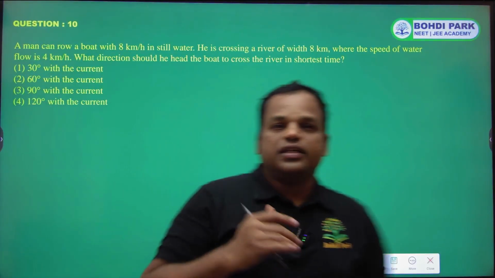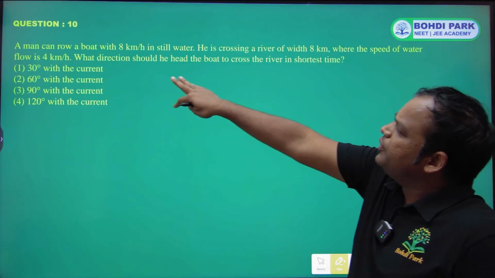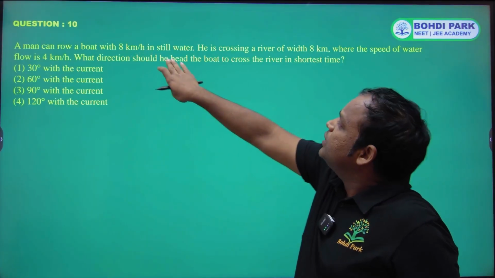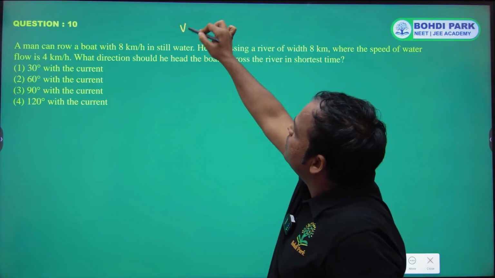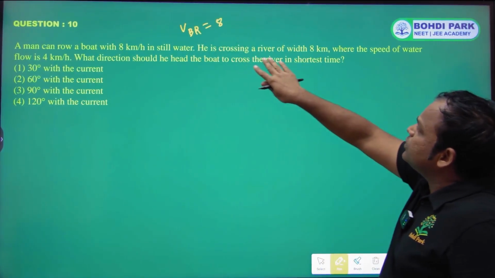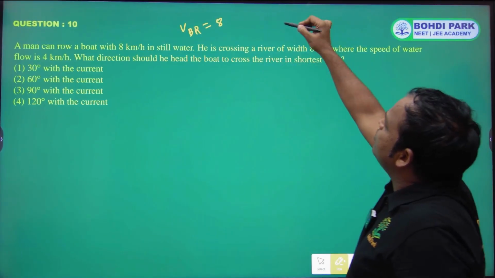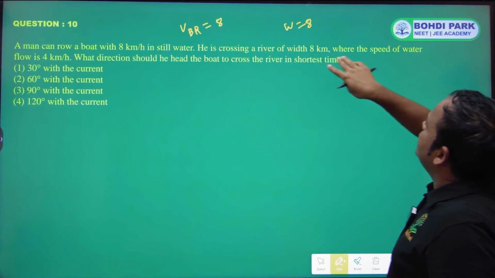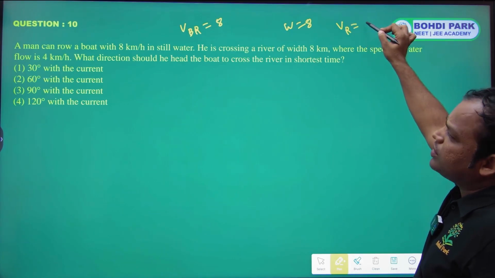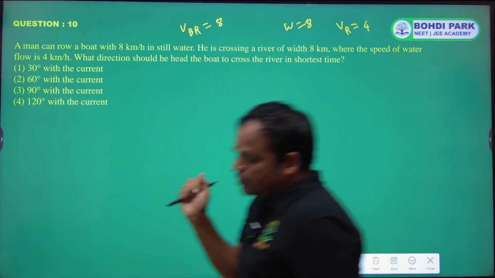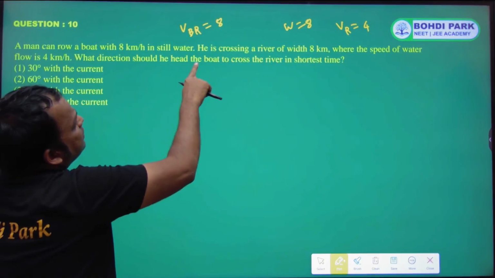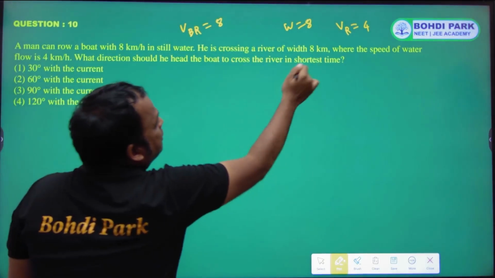Now look at this 10th question. A man can row a boat with 8 km/h in still water. So VBR is 8. He is crossing river of width W equal to 8 km, where the speed of water flow, that is VR, is 4. In which direction should he head the boat to cross the river in shortest time?